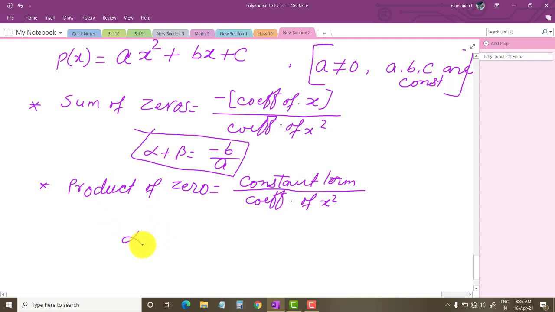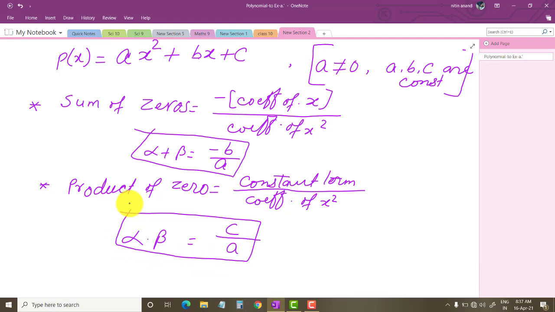We have zeros alpha and beta, so alpha into beta is equal to c by a. This is our other relation between coefficients and zeros.